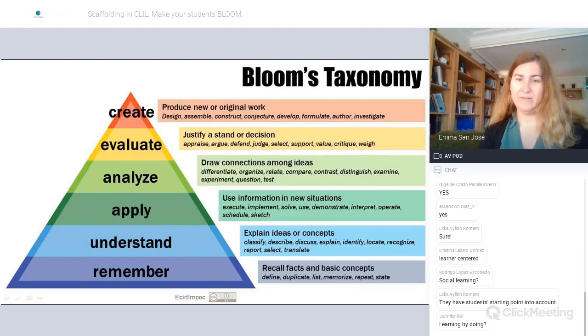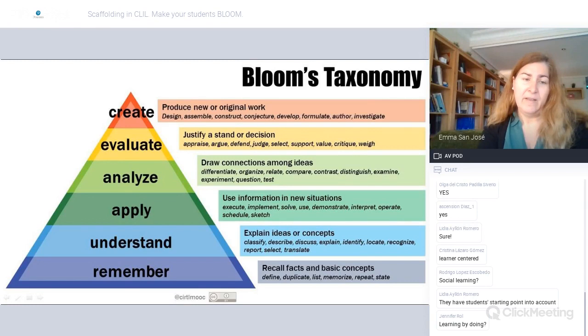This is the pyramid. Okay, I'm sure you've seen it at some point. And the pyramid, like in this case, we've got colors, but what's important is the verbs, the words that we have in here.